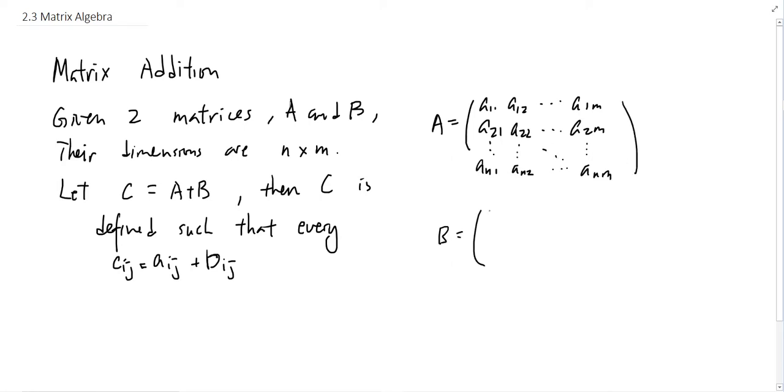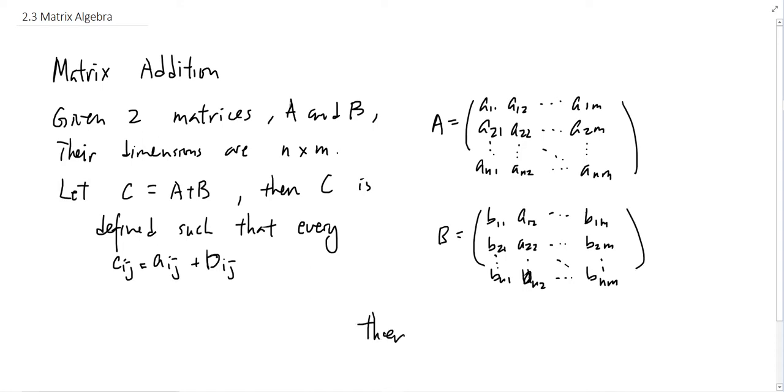Let's say now similarly I have B: B11, B12, to B1M, and then B21, B22, to B2M, and all the way to BN1, BN2, to BNM.